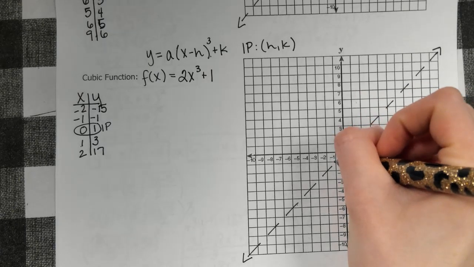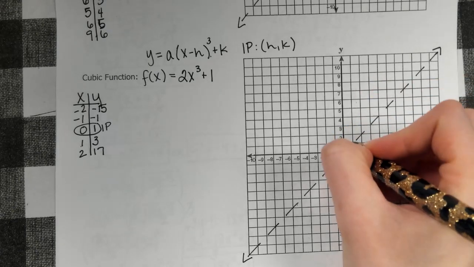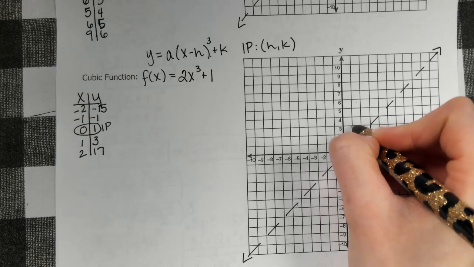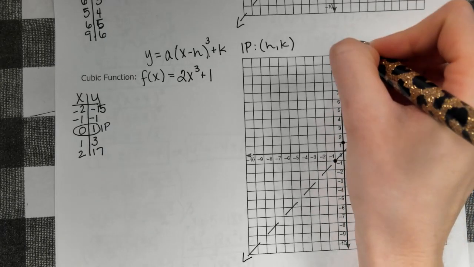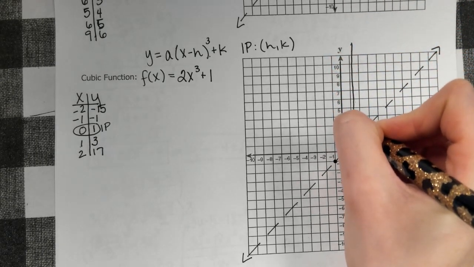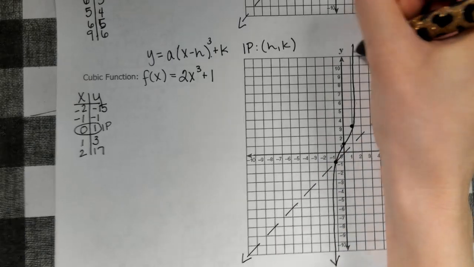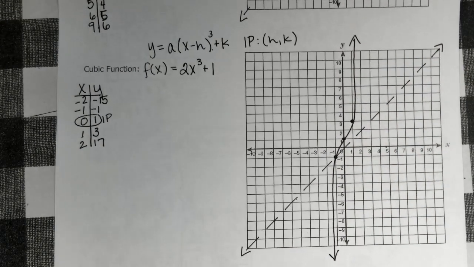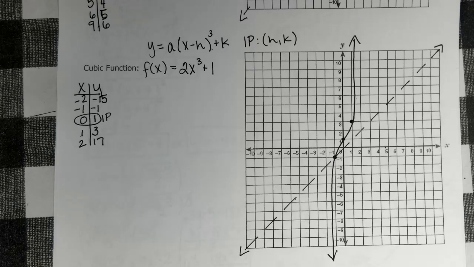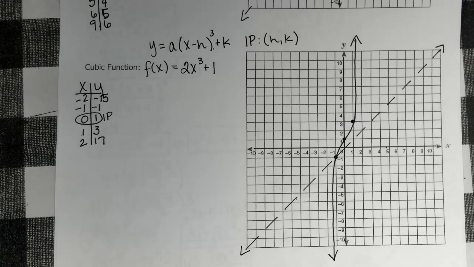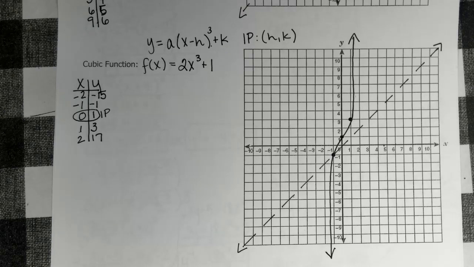So -1, -1, 0, 1, 1, 3. 2, 17 is going to go off my graph as well. You have to know what your cubic graphs look like. And that was chapter 5. So this is proof that you still have to retain your information that you've learned.